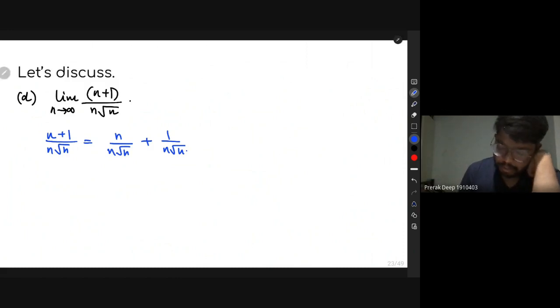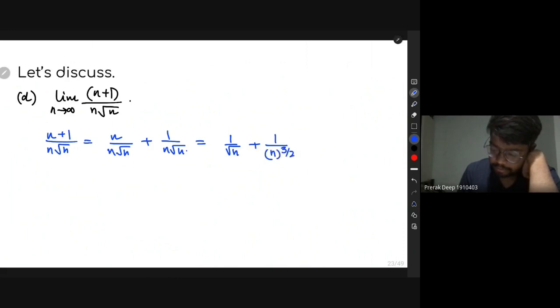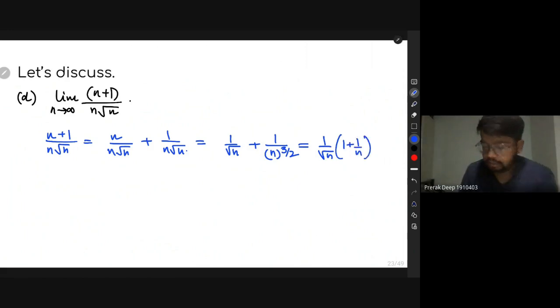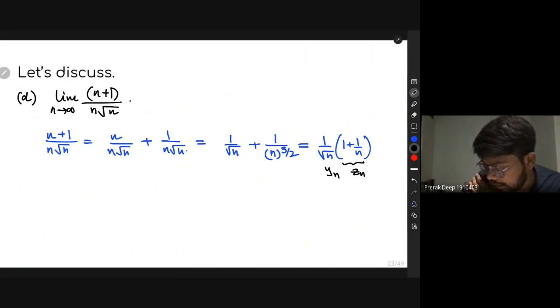Now the first expression will give you 1 over square root of n, and the second expression will give you n to the power 3 by 2. In other words, you can take square root of n common and you will get 1 plus 1 over n. Now we consider the first one to be one sequence, call it yn, and the second one to be the sequence zn.